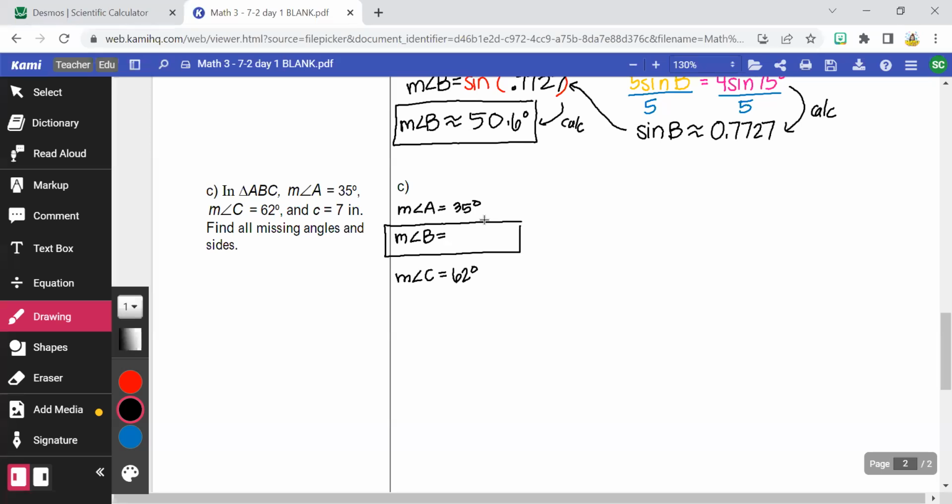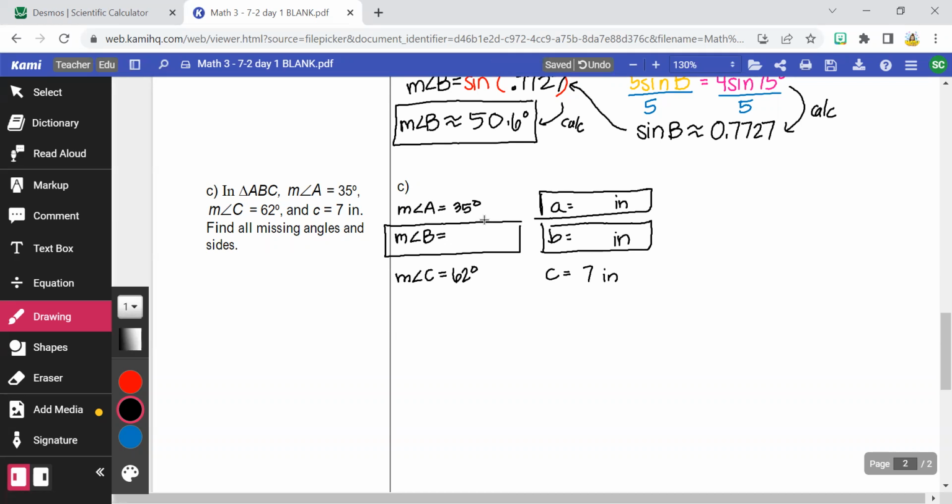And then for the sides, we have side A, side B, side C. Okay, so let's try this one without necessarily drawing out the triangle. So they also told us side C was 7 inches. Okay, so we're going to solve for side B and for side A. Right? And again, I know they're all inches because if one of them is inches, the rest are too.